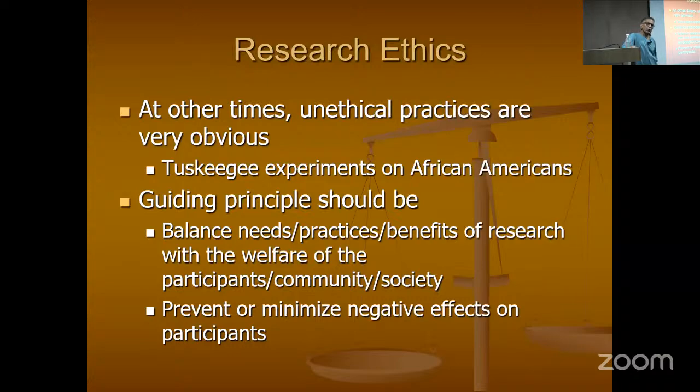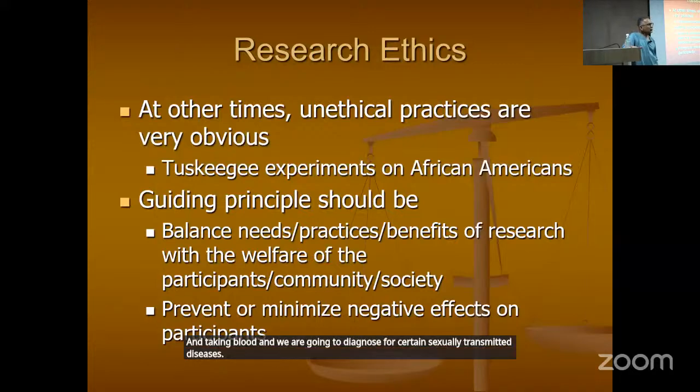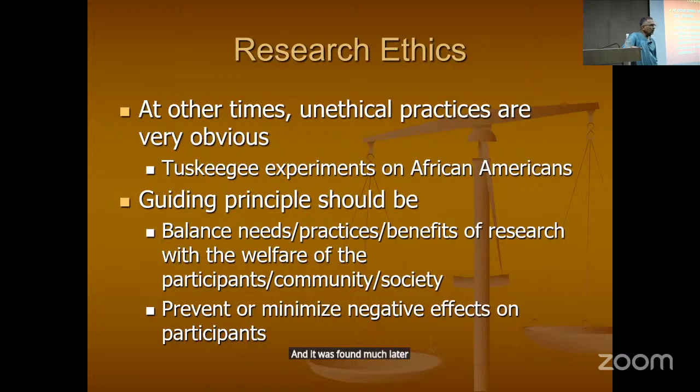Like we are going to be looking at sexually transmitted diseases and taking blood, and we are going to diagnose for certain sexually transmitted diseases. And it was found much later on that after they drew blood, they didn't tell some of the participants that they actually had a sexually transmitted disease.